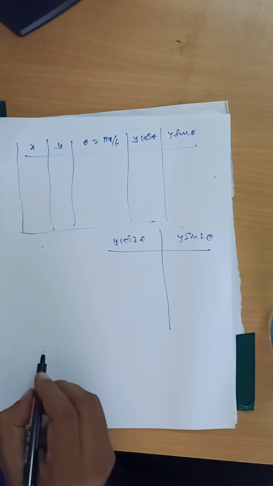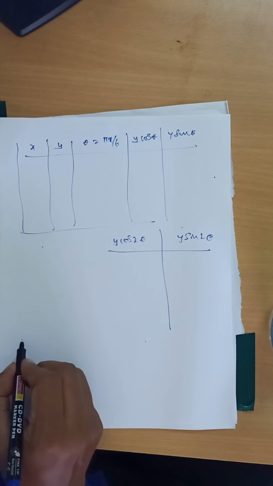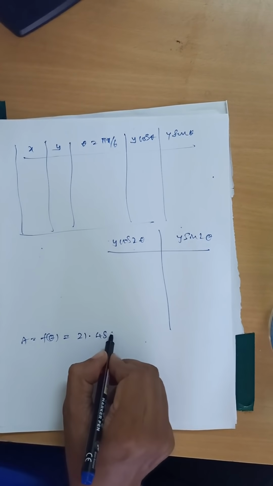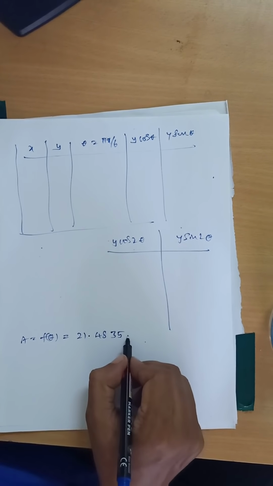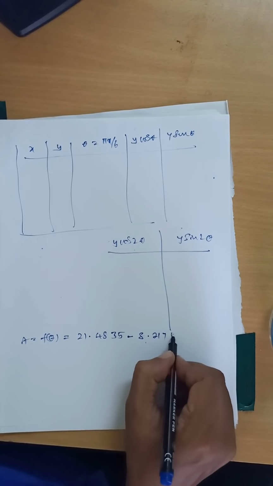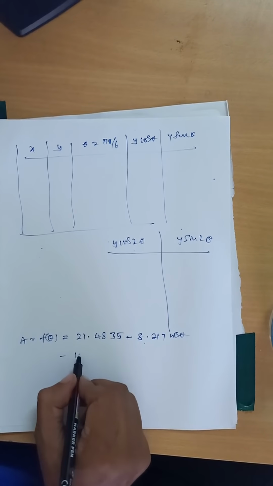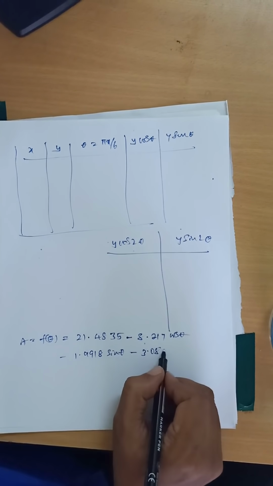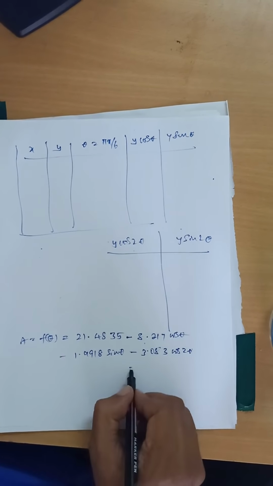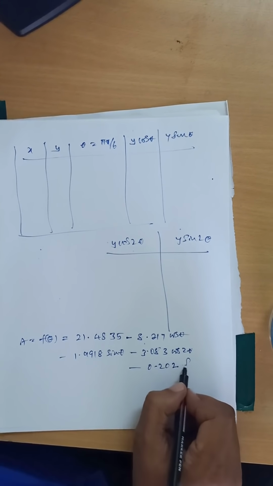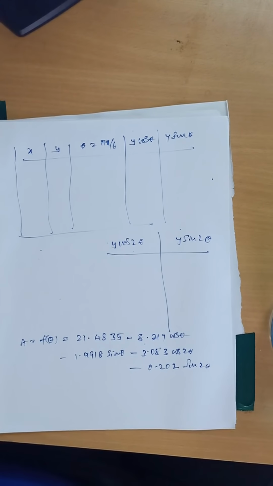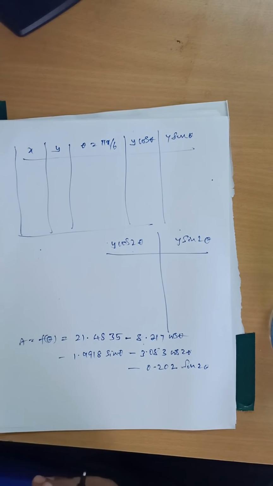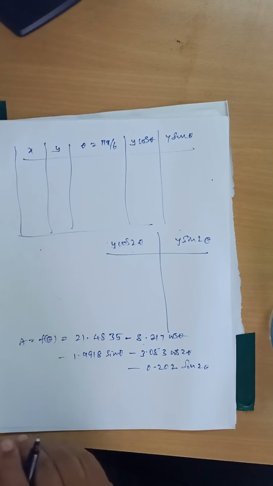Only here, after constructing A equal to f of theta, we get 21.4835 minus 8.217 cos theta minus 1.9918 sin theta minus 3.083 cos 2 theta minus 0.202 sin 2 theta.